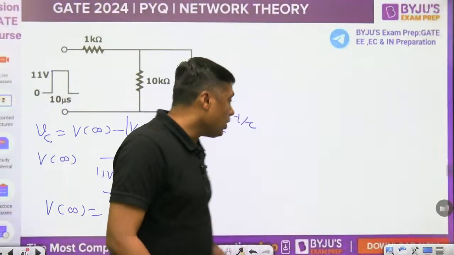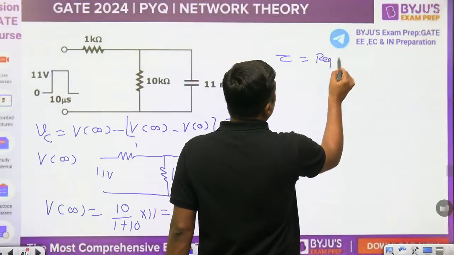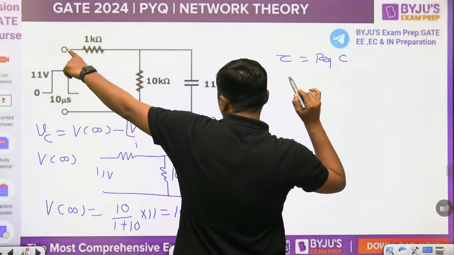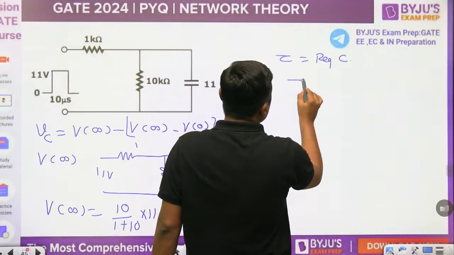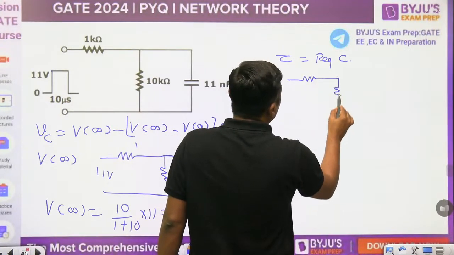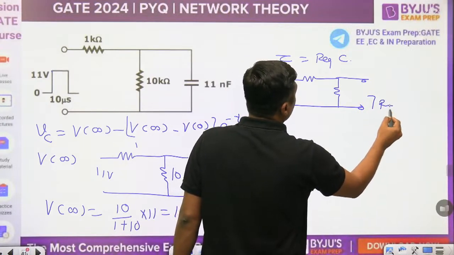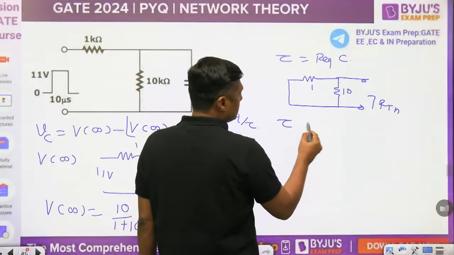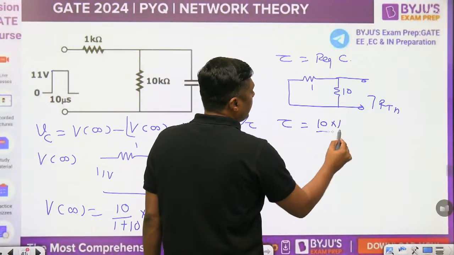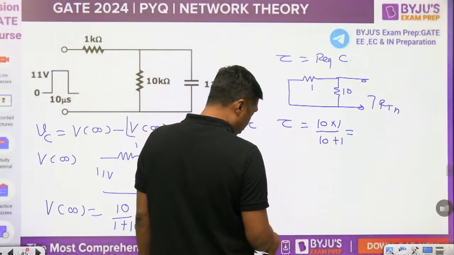So what is the time constant? Time constant is R equivalent into C. To make the input 0, the 1 and 10 kilo ohm are in parallel. So what is the R equivalent across the C? This is called RTH also, across the C. 10 parallel with 1: 10 into 1 upon 10 plus 1.